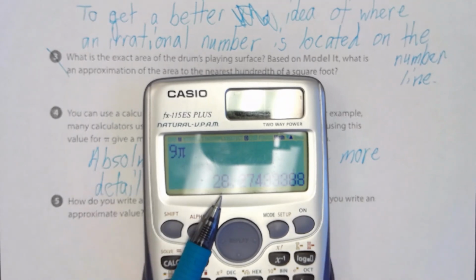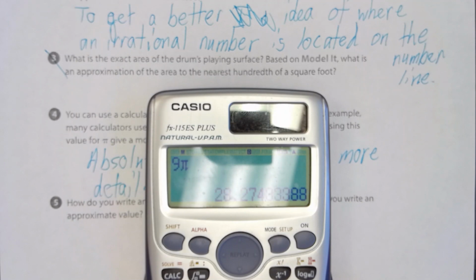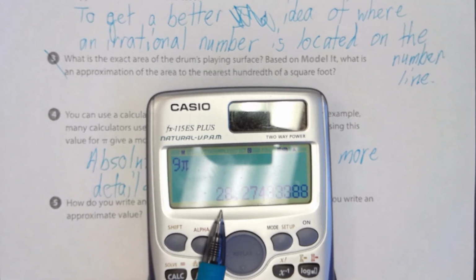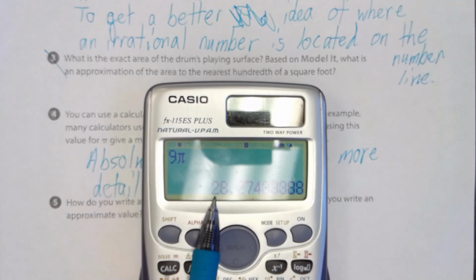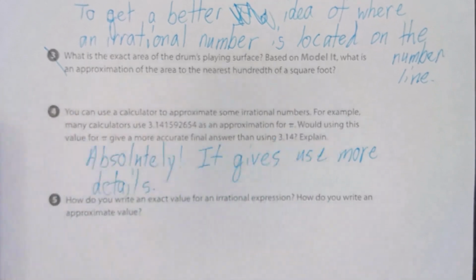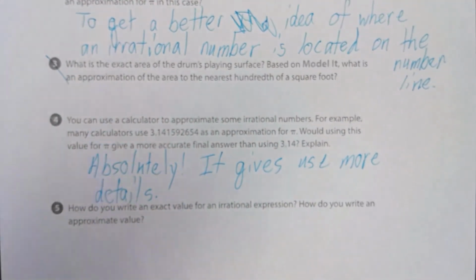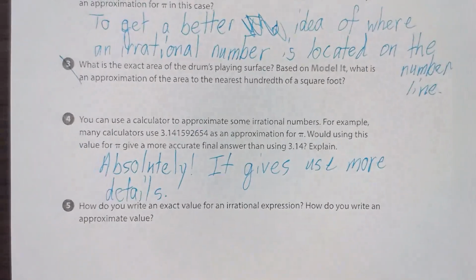Here's the approximation now. Earlier we said it was 28.26. Now, technically, since we have more digits, we're saying that a closer estimation is 28.27433388, right? Getting even closer to the exact answer, but we could keep playing this game and adding digits of pi all day long.